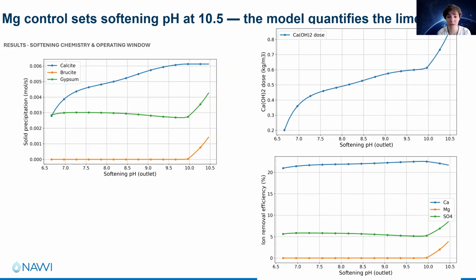Again, you can see the underlying reason in another graph of the results that shows the ion removal efficiency. When this brucite is going to form, it leaves behind this sulfate. And this sulfate is now going to precipitate with gypsum.